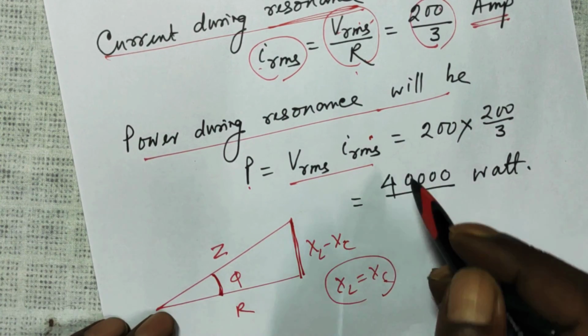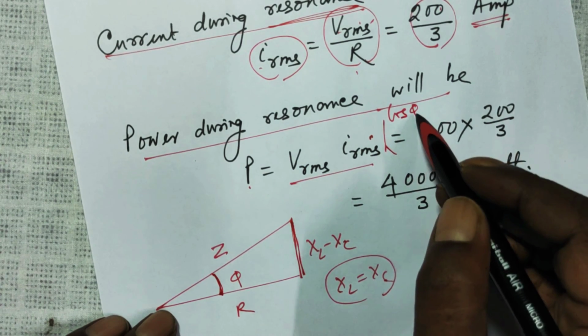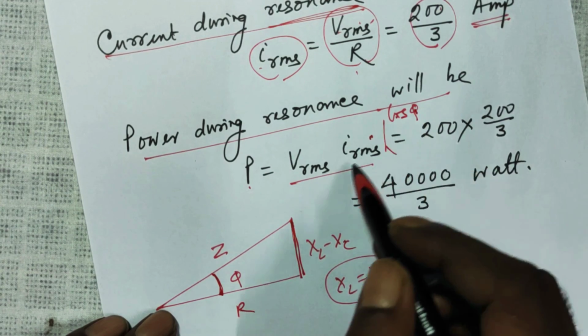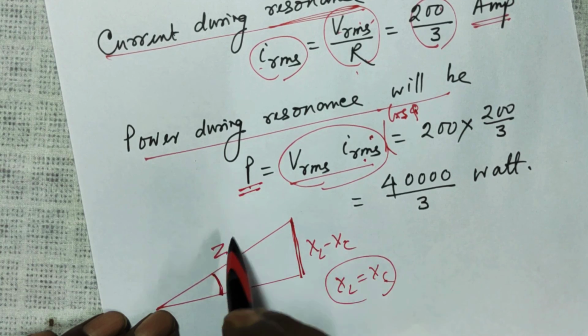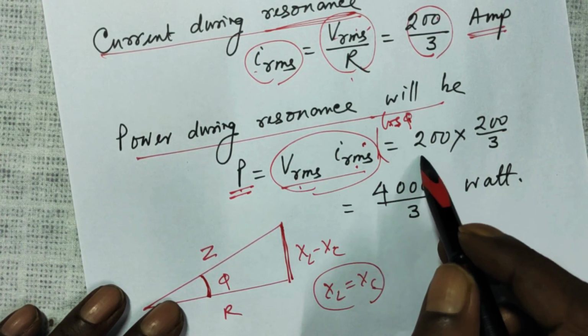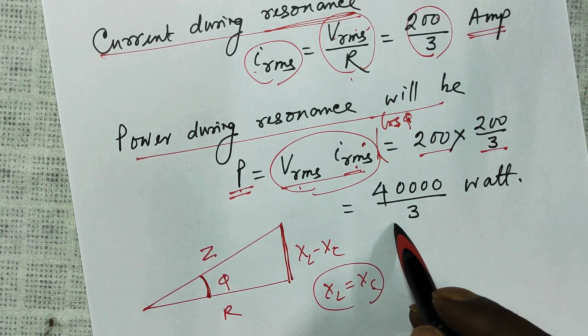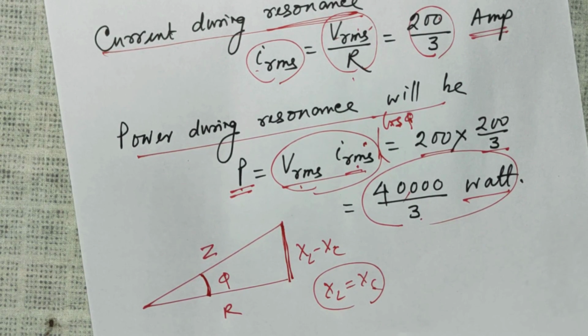I should have written cos phi here. Now phi is 0 during resonance, so cos 0 is 1. So 1 into VRMS into IRMS is the power during resonance. VRMS was calculated, IRMS was calculated, put the values, it comes out to be 40,000 over 3 watts, right?